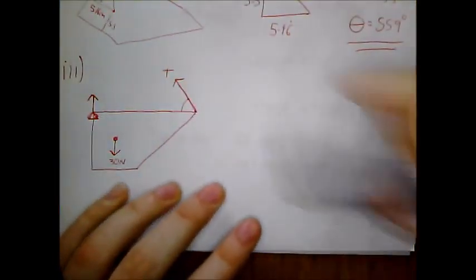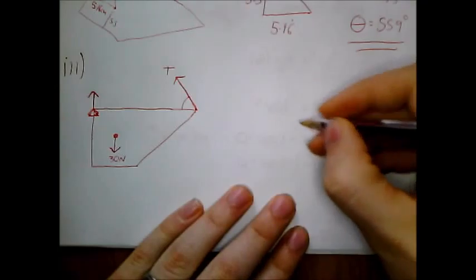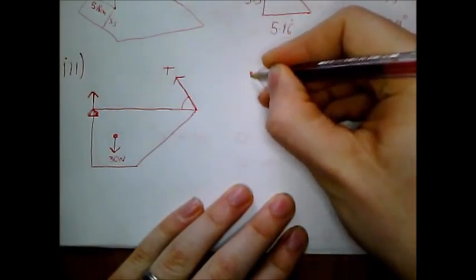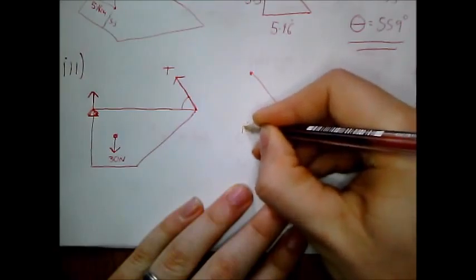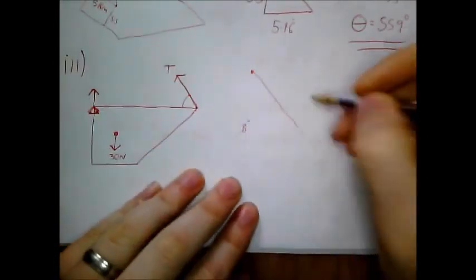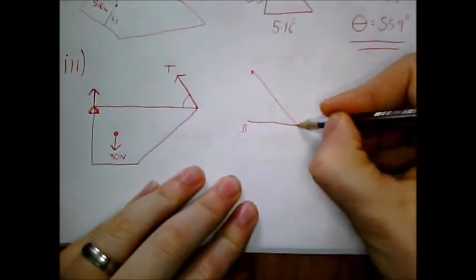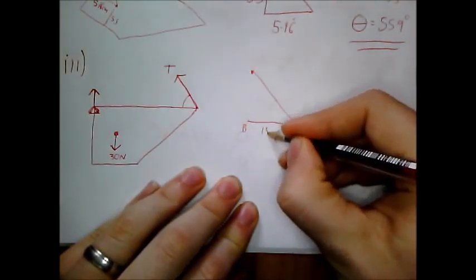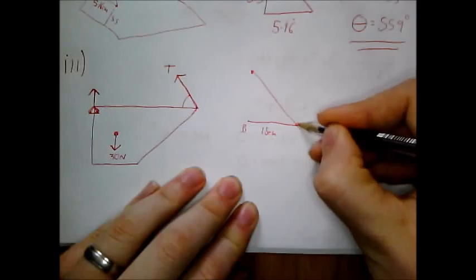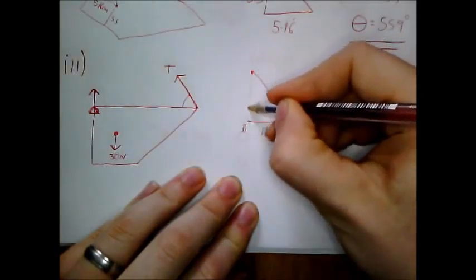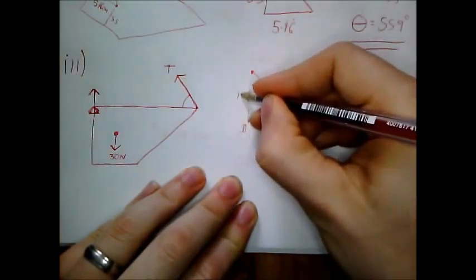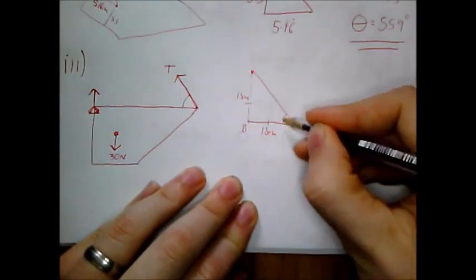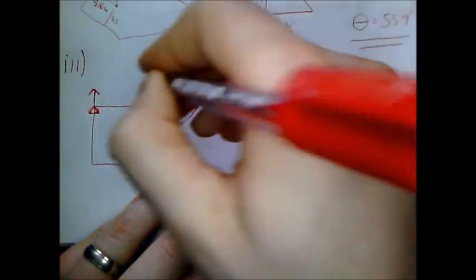So there's a string that goes along, and here's hinge B, which we know is 15 centimetres away from the edge. So you've got an isosceles triangle, and this angle here must be 45 degrees.